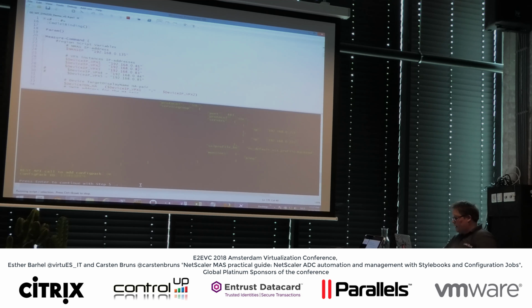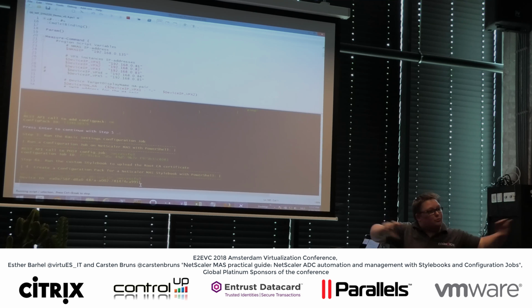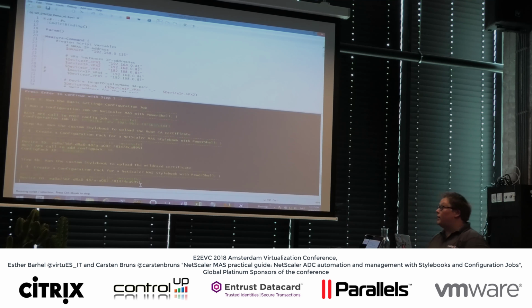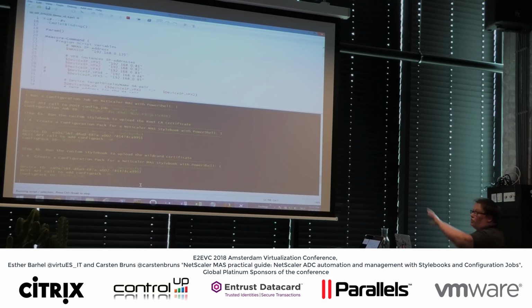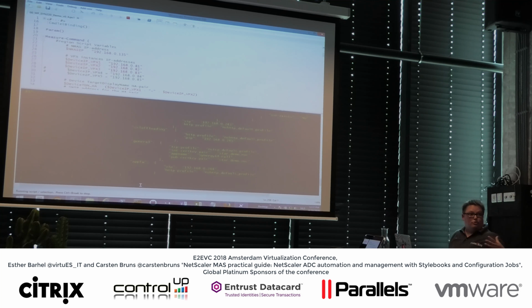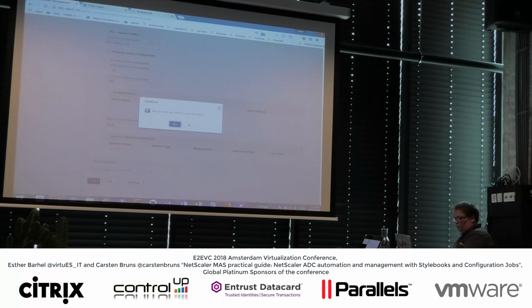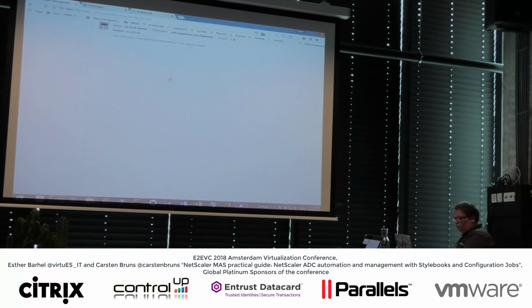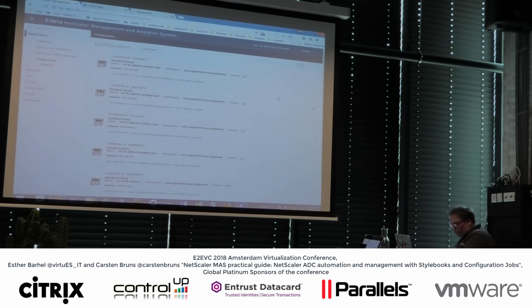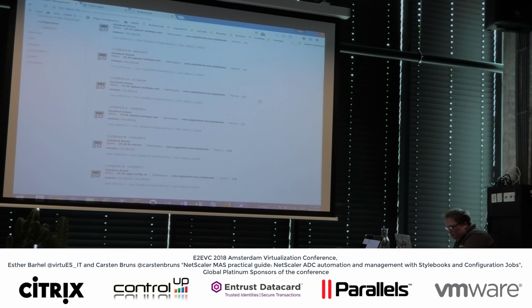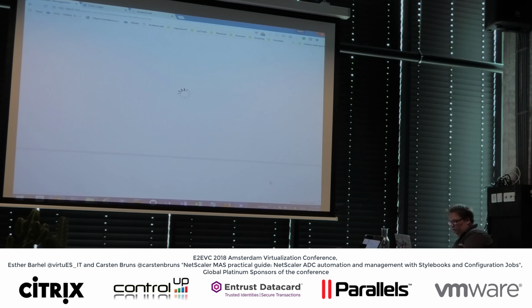So I have one more step, and that was a configuration job that runs across multiple NetScalers. Basically it's doing the same certificates and then using a different style book with different variables and values to create a new configuration. So if we refresh this, let me see if I can find the one, this one.